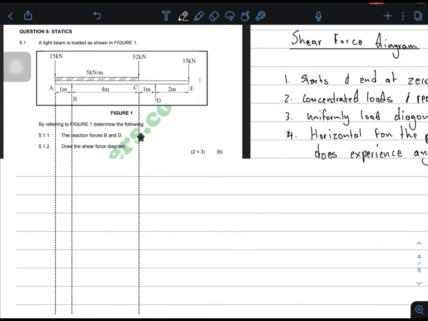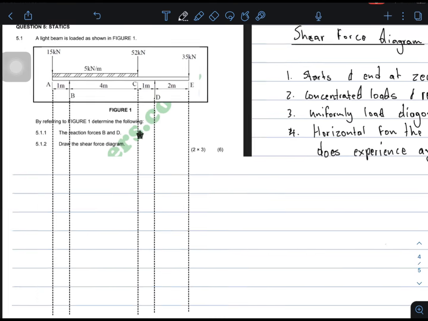You see, I'm drawing these dotted lines where there are forces. For example, I'm drawing the dotted line for D. Then I'm drawing the dotted line for the 35 kilonewton force, which is the last force.